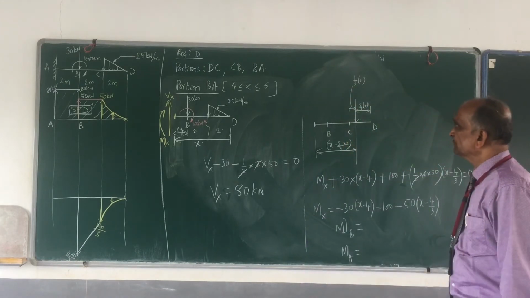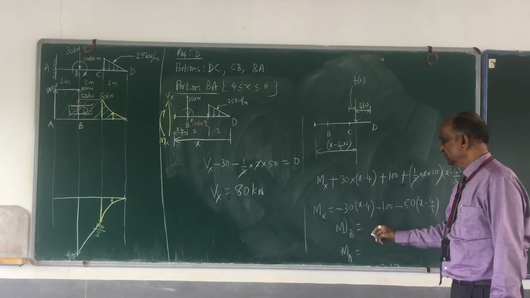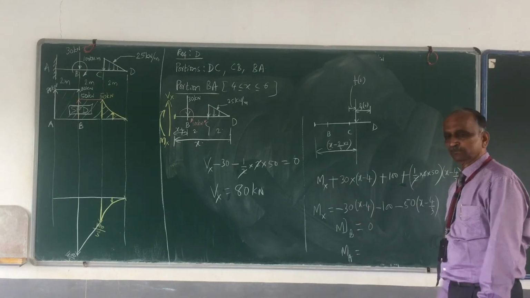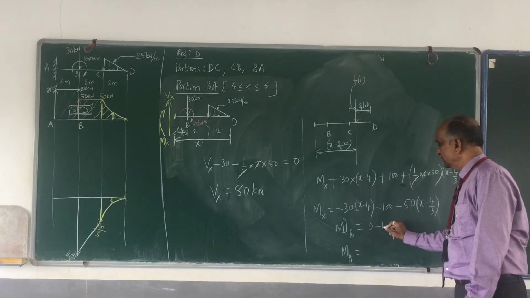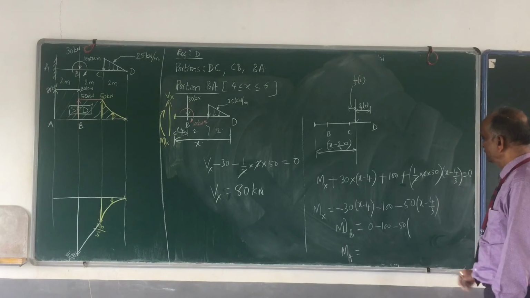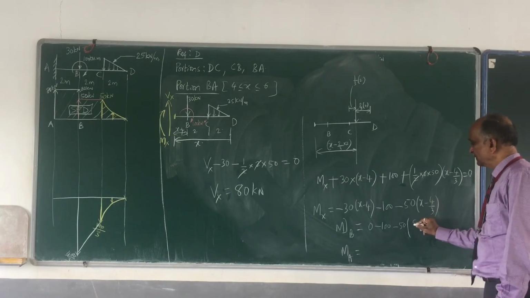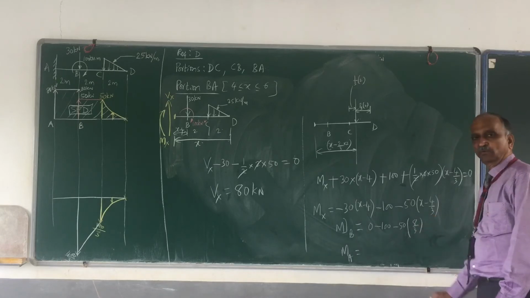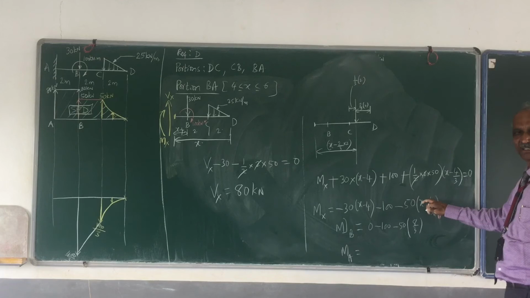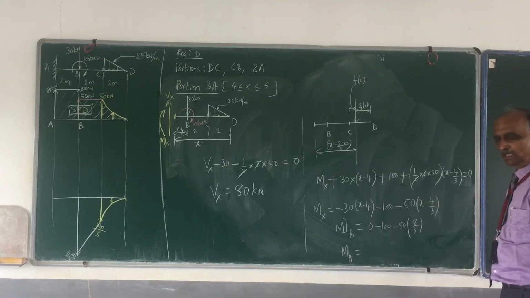So for portion B, x is 4 meters. The first term is not there. Minus 30 into 4 minus 4, then minus 100, minus 50 into 4 minus 4 by 3. 4 minus 4 by 3: I can write 4 as 12 by 3, 12 by 3 minus 4 by 3 is 8 by 3.